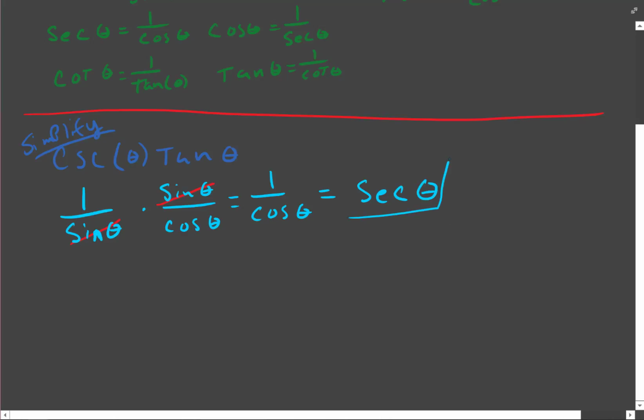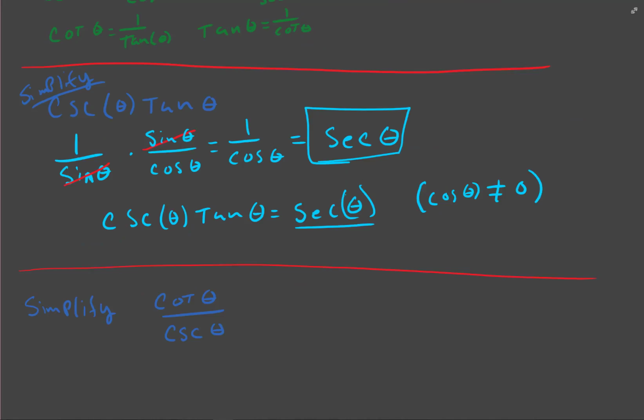So there we go. There's our first simplification. So we can say that cosecant of theta times tangent of theta is equal to secant of theta.